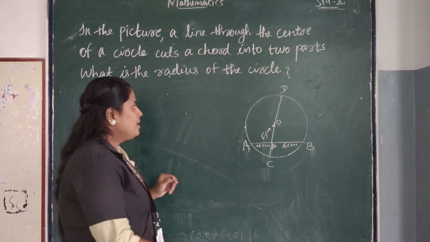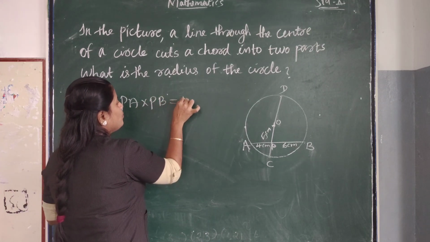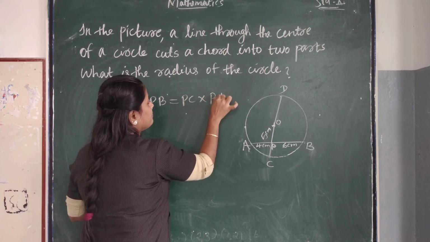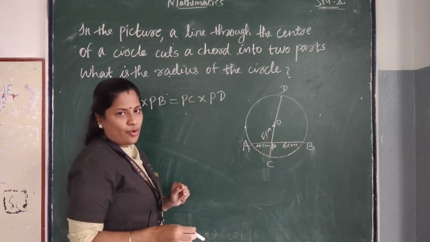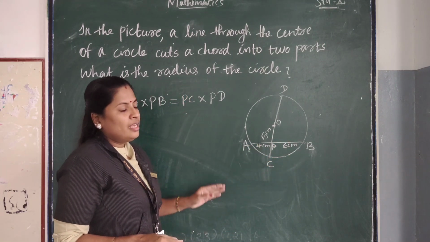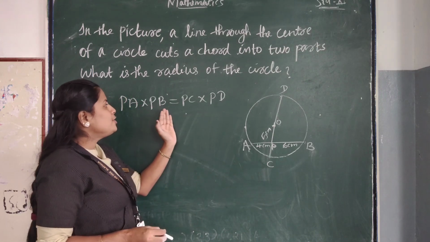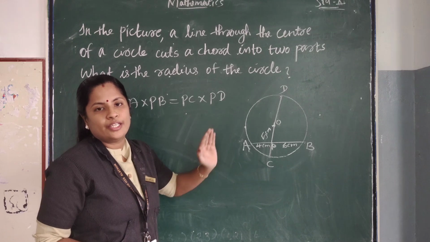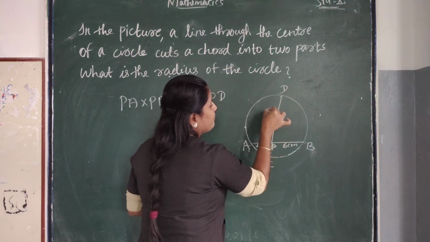So we know that PA into PB equal to PC into PD. Okay, so the two chords intersect at a point inside the circle. The products of the parts will be equal. That is PA into PB equal to PC into PD. Okay, so what is OB?